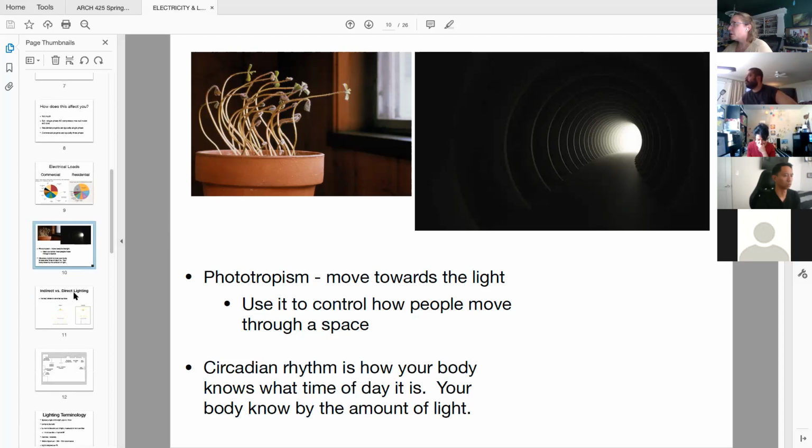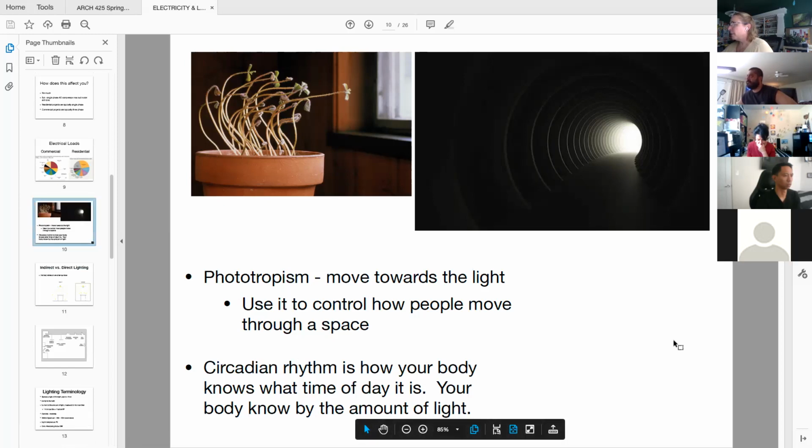It also ties into our circadian rhythm and our body's response to natural light and knowing what time of day it is.